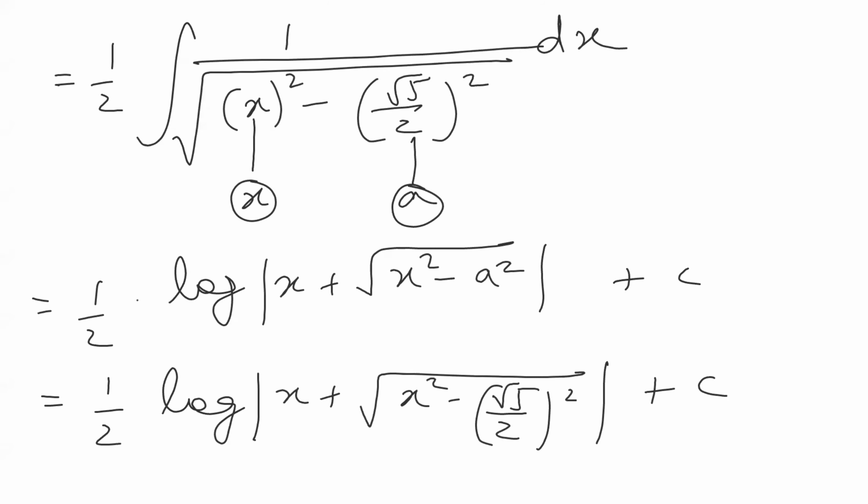Okay. So root 5 by 2 the whole square can be written as 5 upon 4, and then you can take the LCM within the root. That's it.